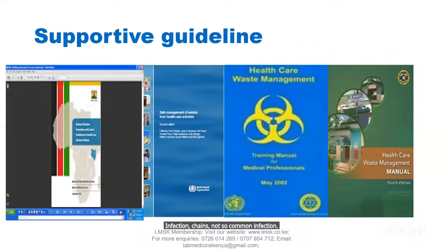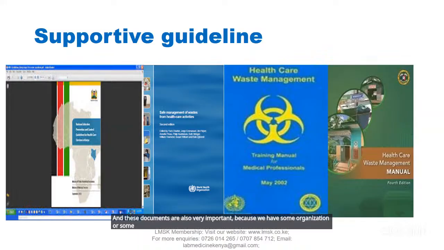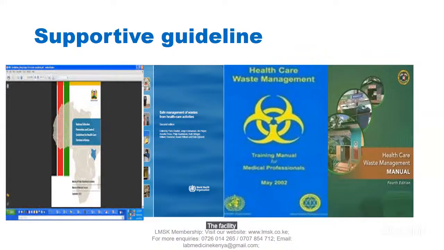So you can Google and get that document. And these documents are also very important because some organizations or audits require the facility to prove the availability of these documents in that health facility.